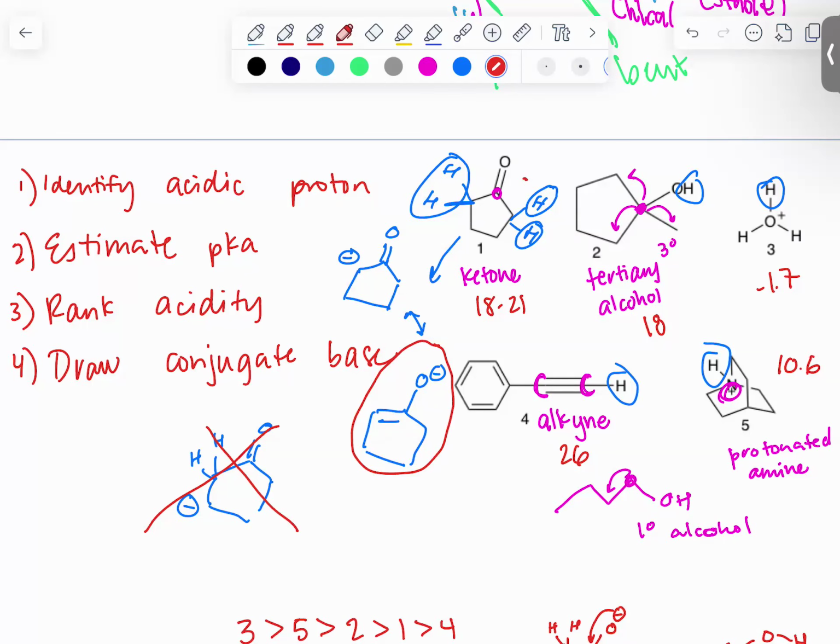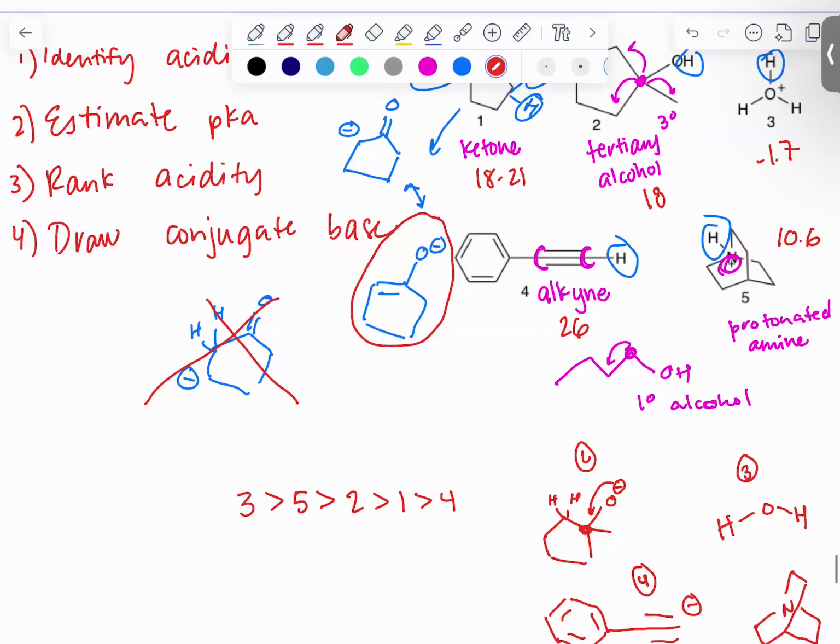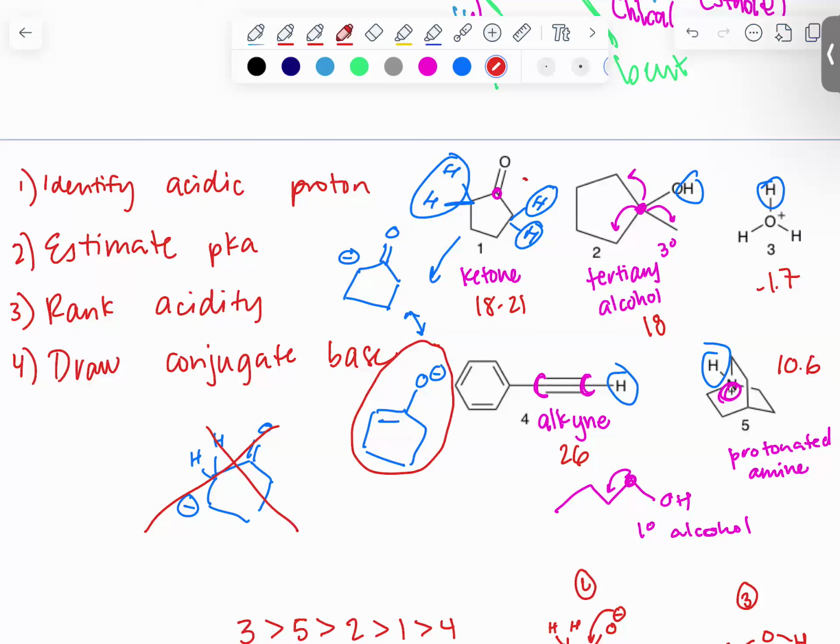That's okay. Either will. And this, actually, that's a really good question, because last year, there was a question exactly like this on the exam, and the graders only marked one resonance form right.